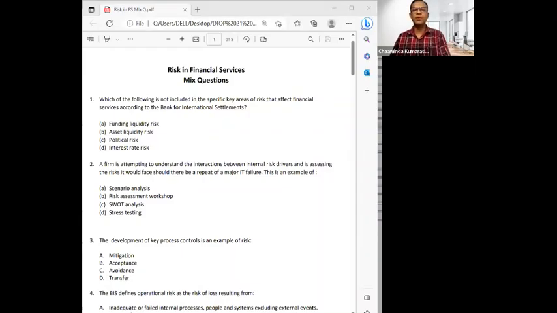Hope you all can see the screen. So whoever just came, I'm not sure whether you can download the file. It's available in the chat box.